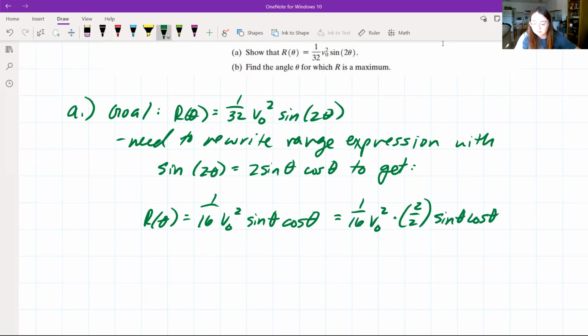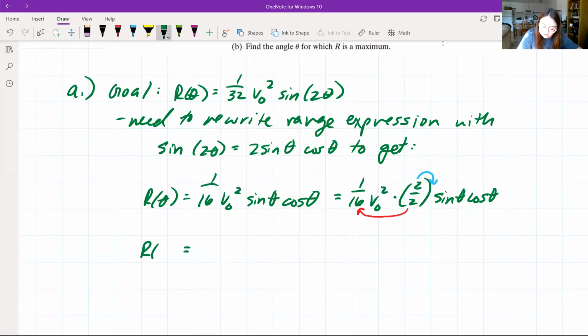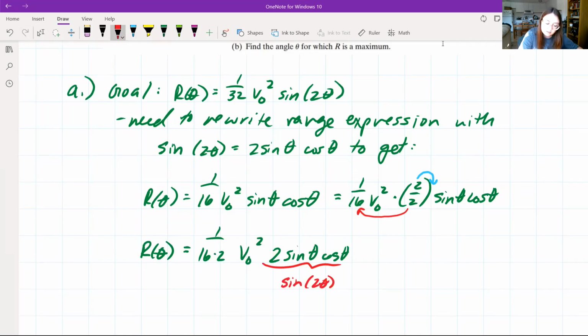What essentially happens is that our 2 in the numerator is going to stay put with sine of theta cosine theta, and our 2 in the denominator is going to multiply with the 1/16, which simplifies to 1/16 times 2. So when we do this, this gives us r of theta is equal to 1/32, or 1/16 times 2, of v naught squared times 2 sine of theta cosine of theta, which now we know is just sine of 2 theta.